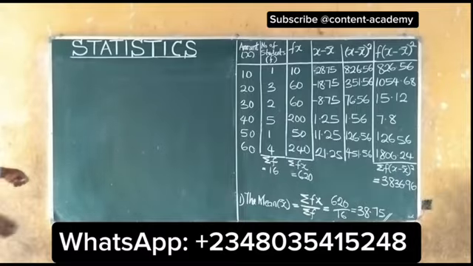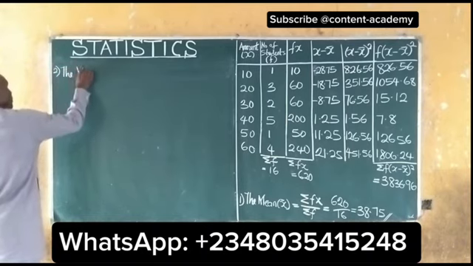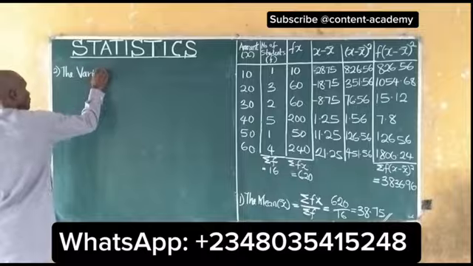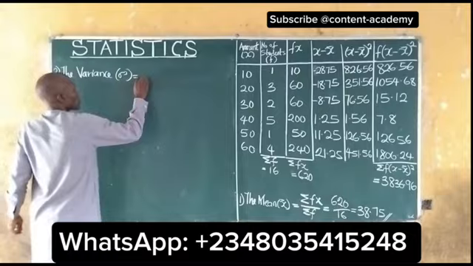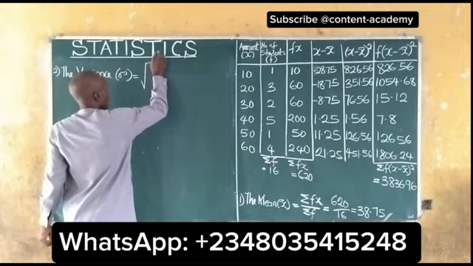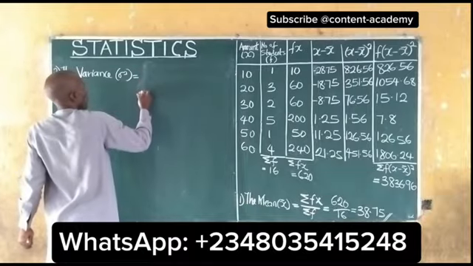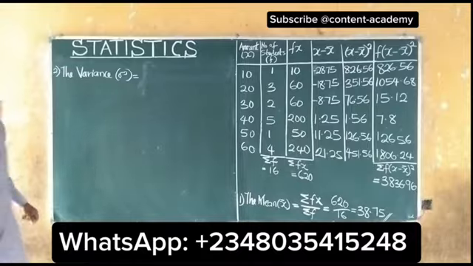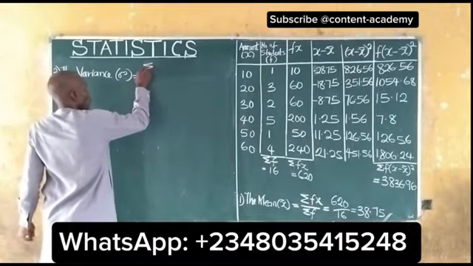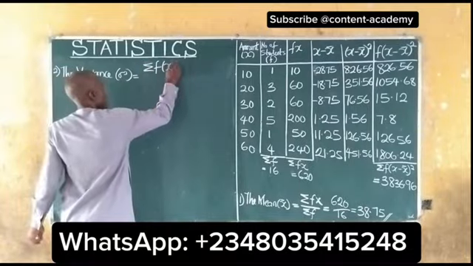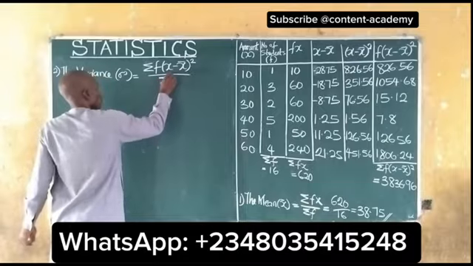Now, number 2, the variance, which is denoted as this, is equal to, we wrote it down to be summation of f of x minus x bar squared all over summation of f.